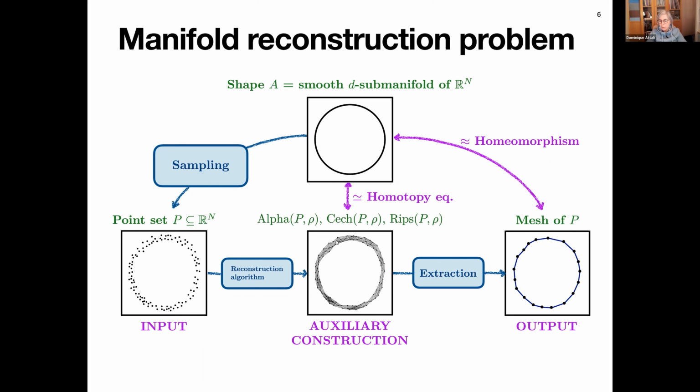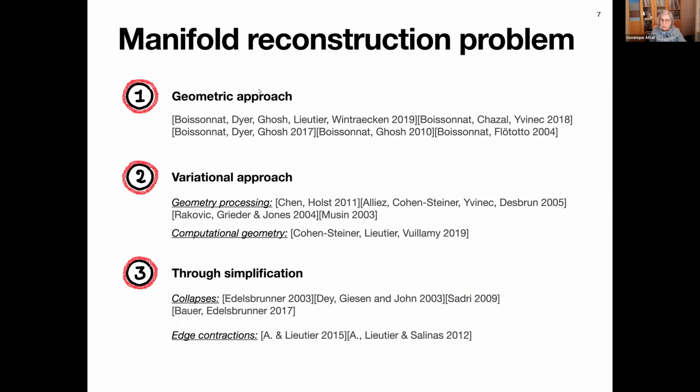You may have an approximation that is typically thicker than the shape. Starting from this auxiliary construction, you can try to simplify it to obtain something that would be homeomorphic. So this gives a list of possible approaches.